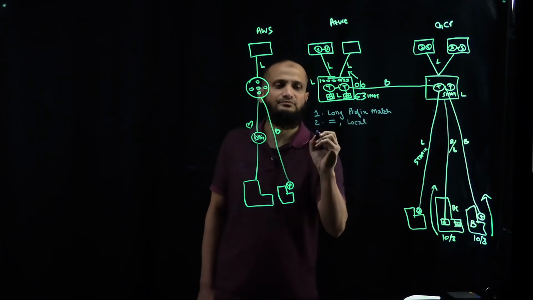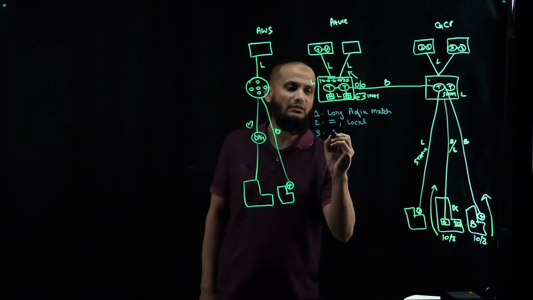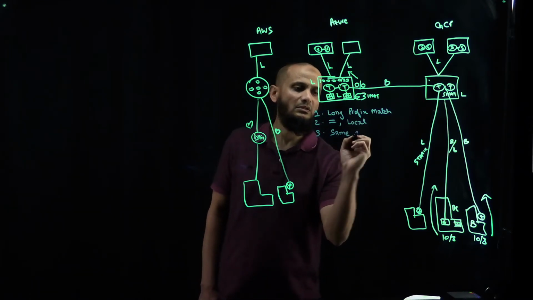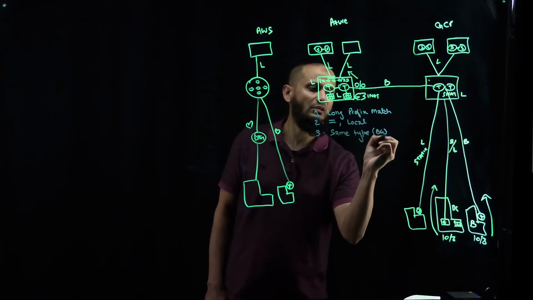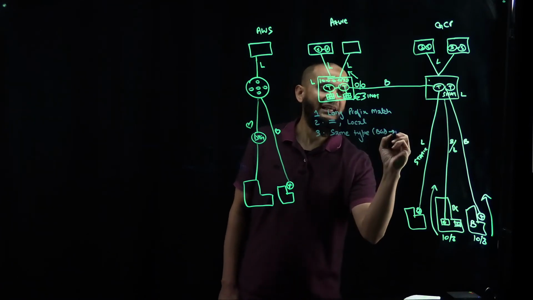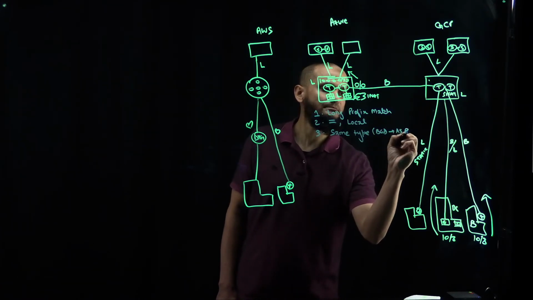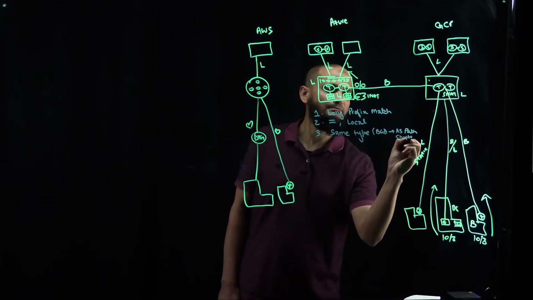Local wins. And then if routes are the same type, for example BGP, then what is going to happen? The AS path length, right? Shortest wins at that point.